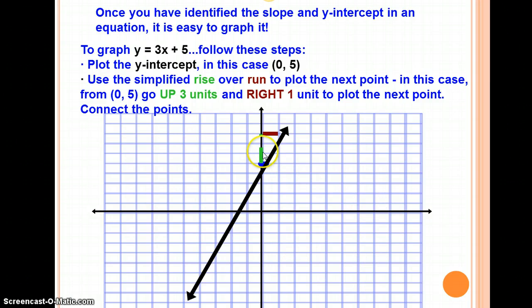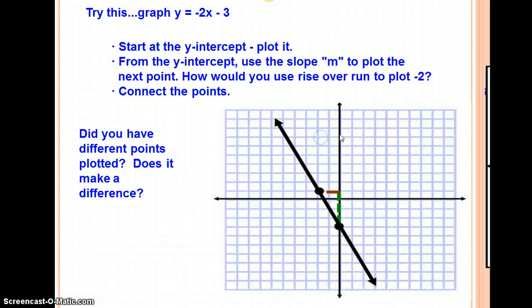My green area represents my rise, where I go up 3 units, and my red represents my run, where I move to the right 1 unit. Now that I have my 2 points, I make my straight line. So this is basically how you plot a line using your slope-intercept equation.